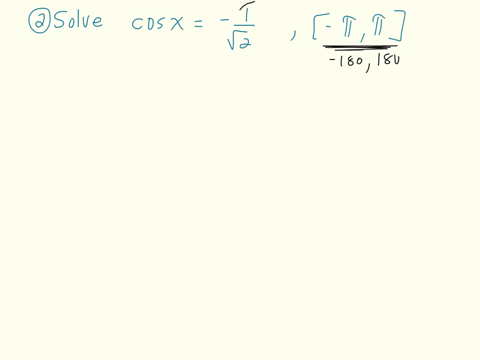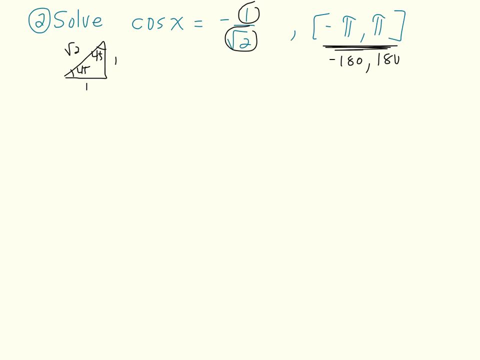However, when you look at this, these numbers should hopefully lead you to the 45, 45, 90 special right triangle. So the 45, 45, 90 have side ratios of 1, 1, and radical 2. So let's think about what the reference angle would be. Cosine, so we're talking about adjacent over hypotenuse.